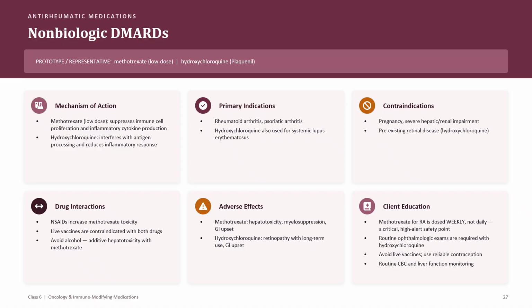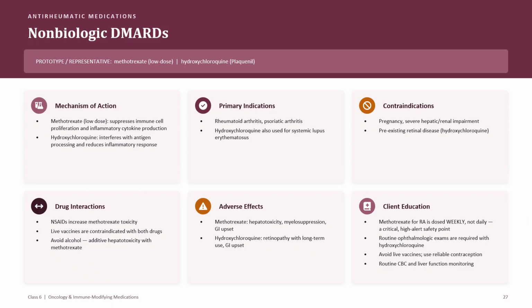Okay, so moving right along, we are now on to anti-rheumatic medications. In this section, the immune system is basically attacking itself. In rheumatoid arthritis, the immune system has essentially turned on its own body.